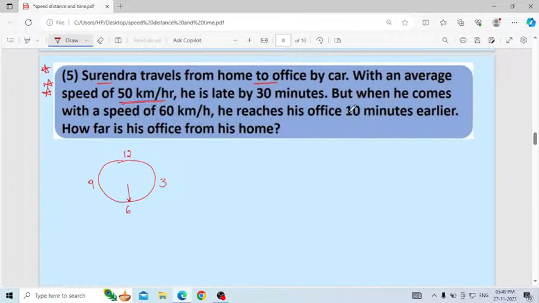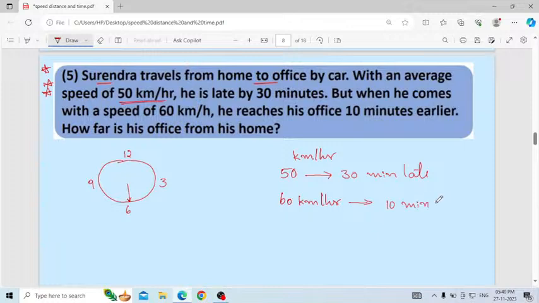When he travels with a speed of 50 km per hour, he becomes 30 minutes late. When he travels at 60 km per hour, he is 10 minutes early.